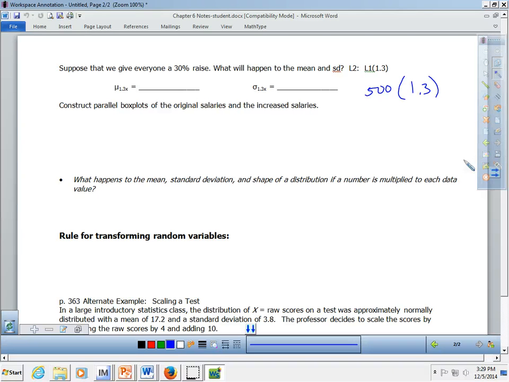And so again, what happens to mean and standard deviation? You should know that already. And again, instead of constructing these box plots, what happens to shape? Okay, so I'll let you work those out real quick. Shouldn't take you long. And then, like I said, on Monday, beginning of class, we can throw these rules in real quick and move on with our lives.